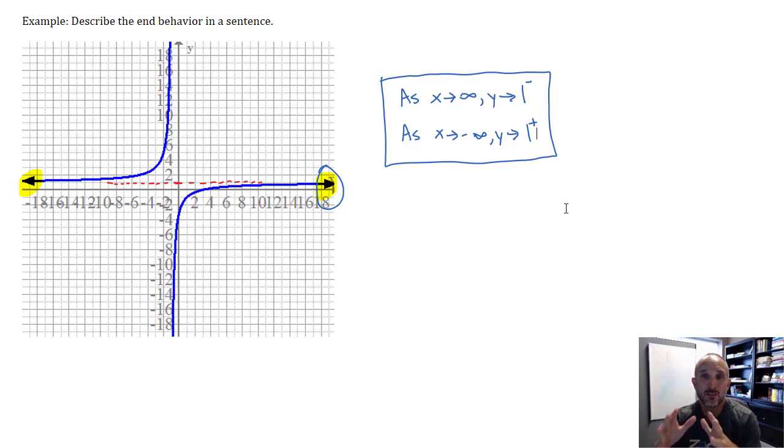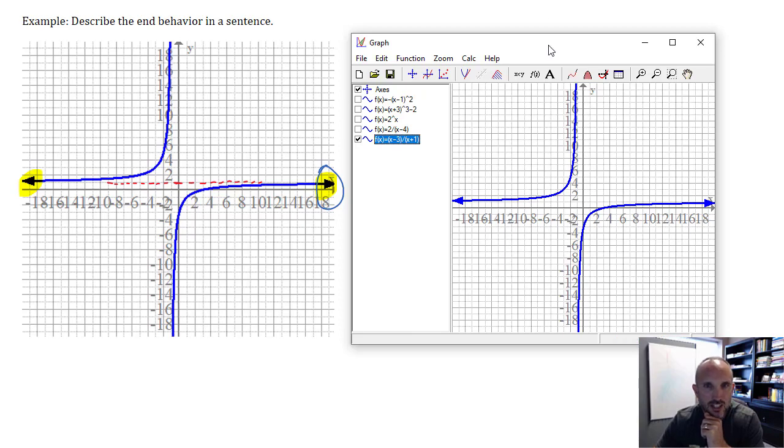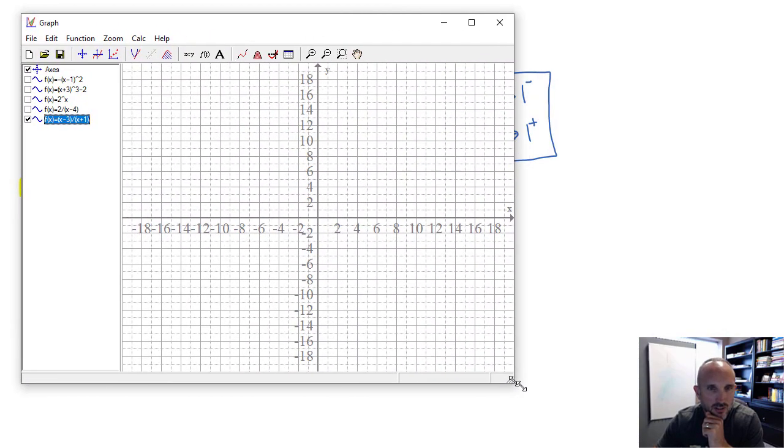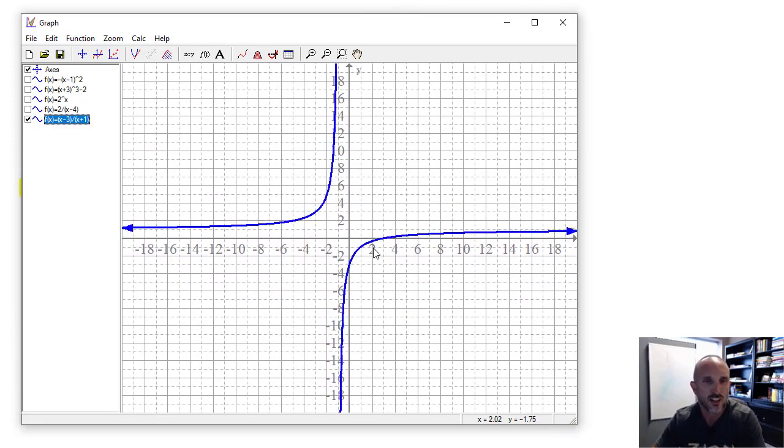So end behavior is significant because in reality, let me see if I can show you here. Let me bring up the graphing software I'm using. So here's that graph, okay? Let me cover up a lot of what's going on here. Let me zoom out.